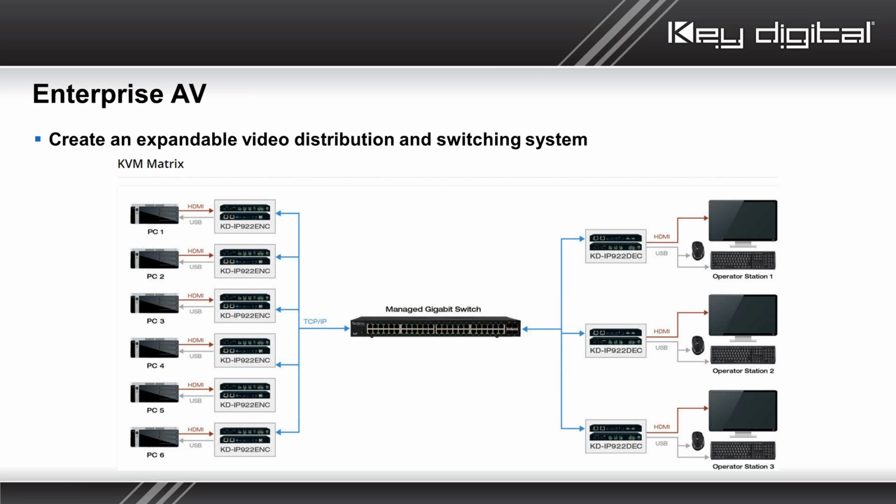But you can also use this for keyboard, video, and mouse. Keyboard, video, mouse, abbreviated as KVM. We look at this demo system here where you have 3 operators who need to view data from any of the 6 connected PCs.